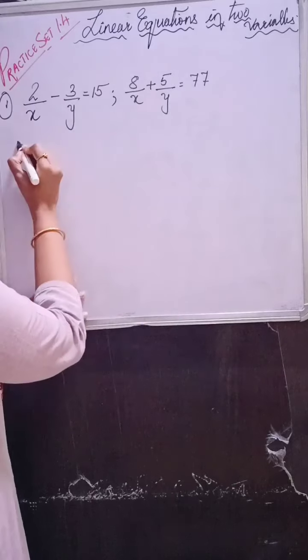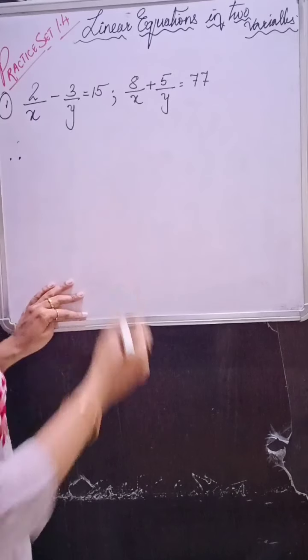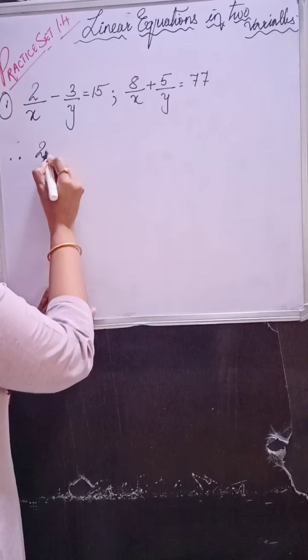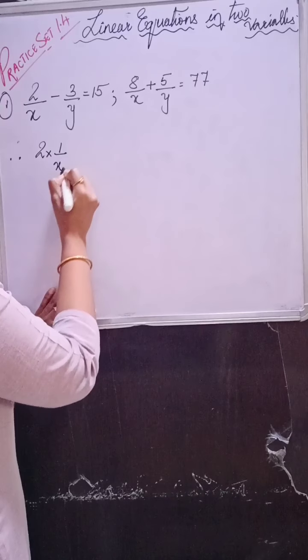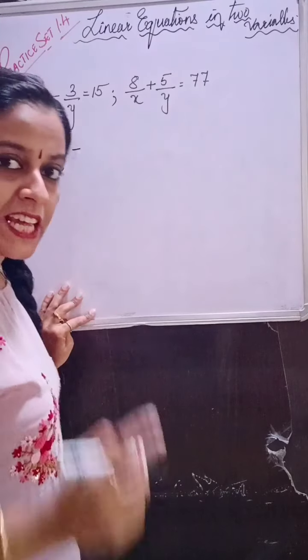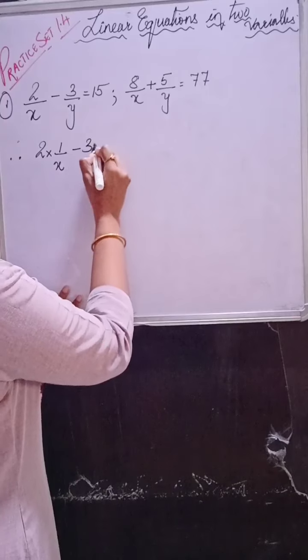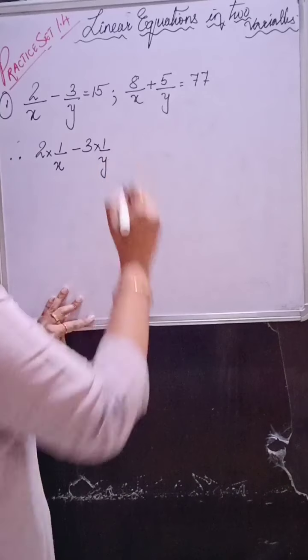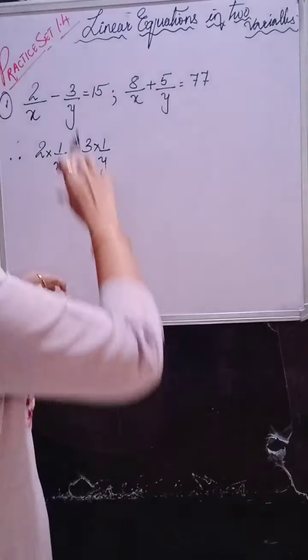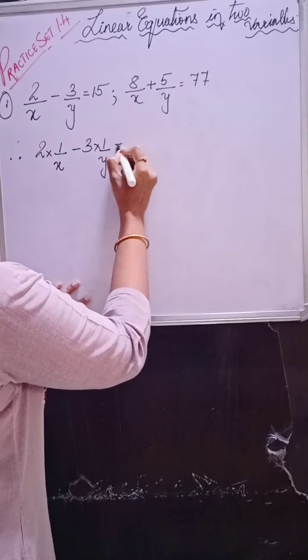Again I'll discuss it with you. 2 upon x is nothing but 2 into 1 upon x, minus 3 upon y is nothing but 3 into 1 upon y, is equal to 15.